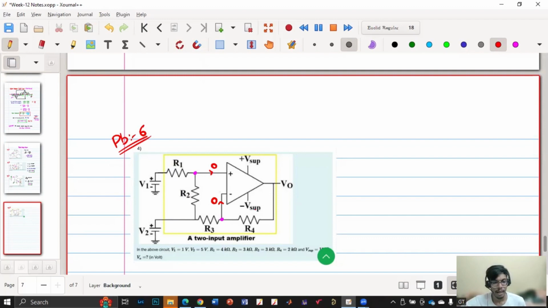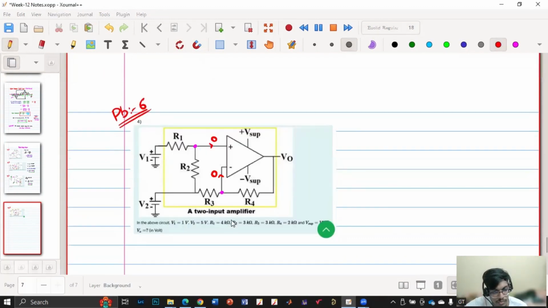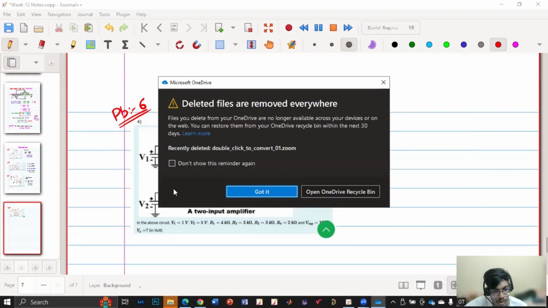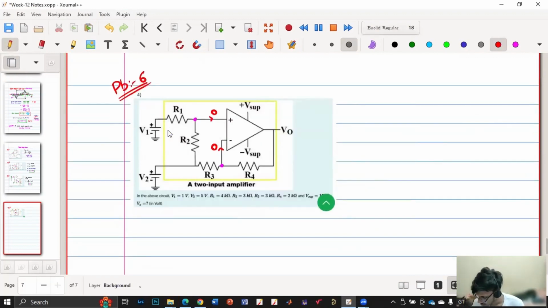Got it? Now V1 is given as 1 volt, so this is 1 volt, and V2 is given as 5 volt, so this is 5 volt. And this terminal, say the voltage is some V dash.